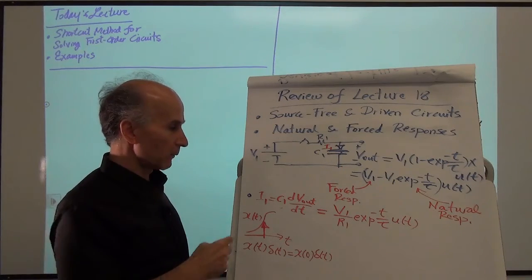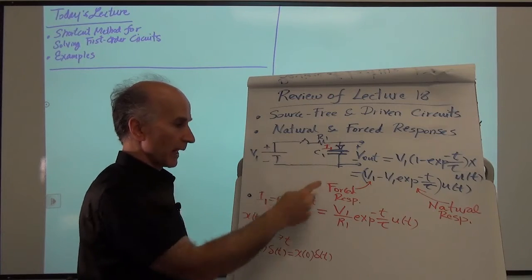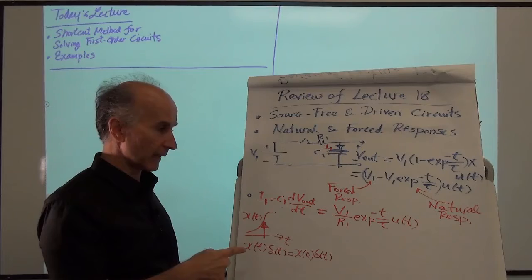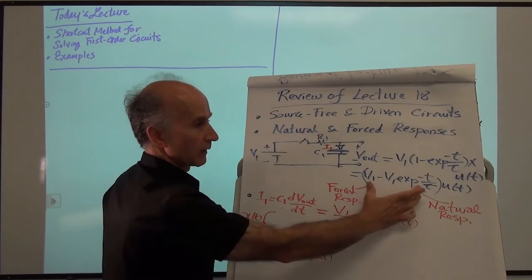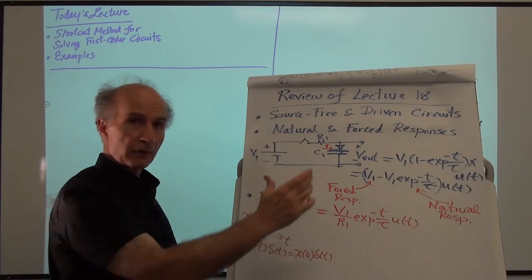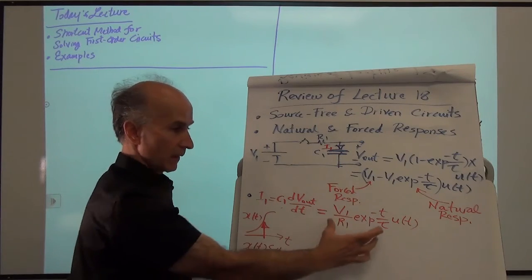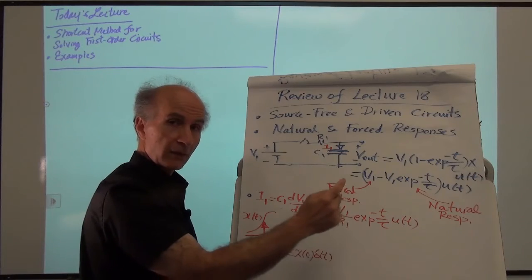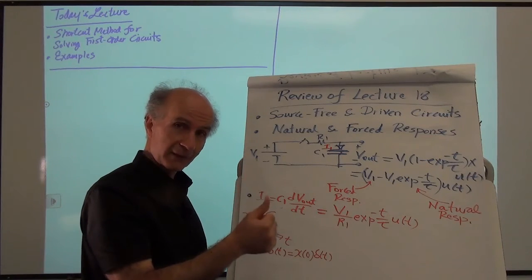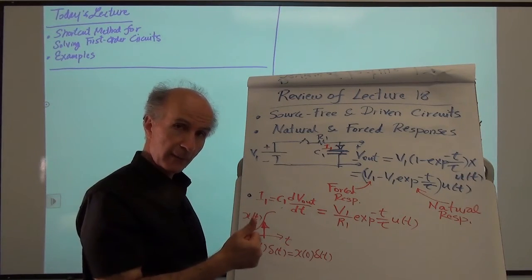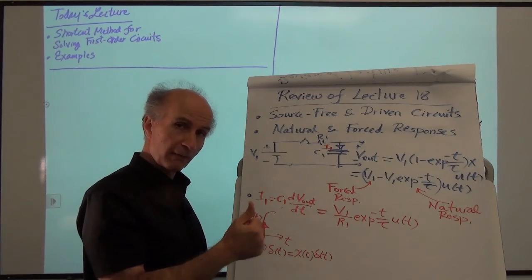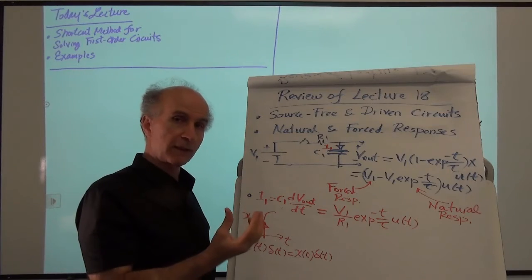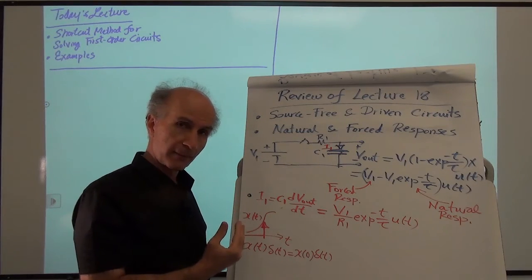Okay, and then we found the current flowing through this whole branch, and it came out to be this equation. One interesting note here was that if I'm trying to take the derivative of this function, I have the derivative of the first times the second, that's this, then the derivative of the second times the first. And the derivative of u is delta, so it gives us an impulse. But that impulse has to be evaluated, or its weight or area has to be evaluated at time 0.